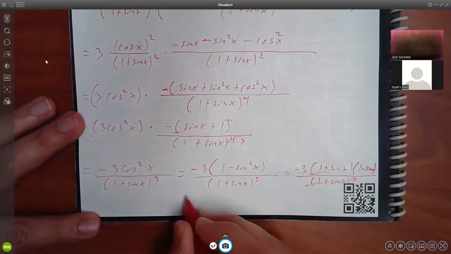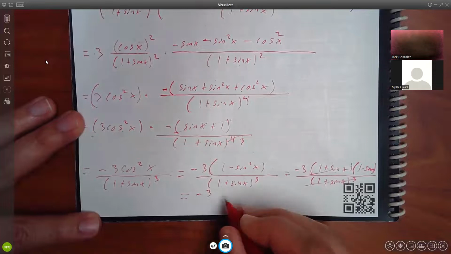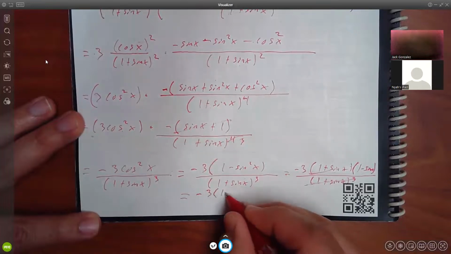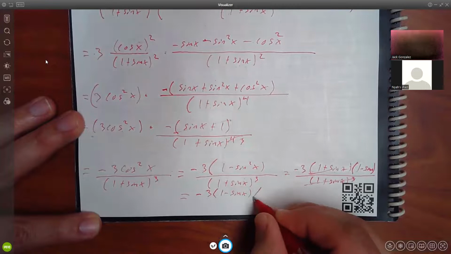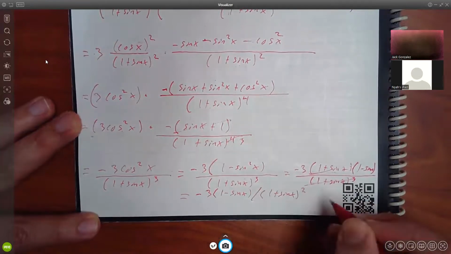So I will get space here. Negative 3 times 1 minus sine over 1 plus sine squared.